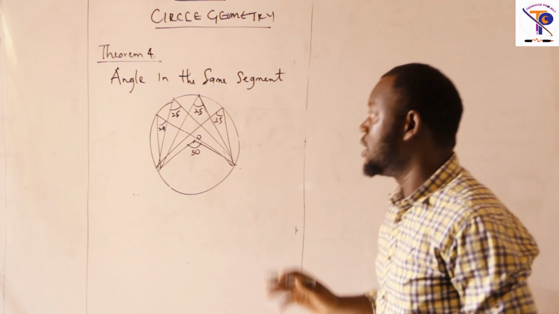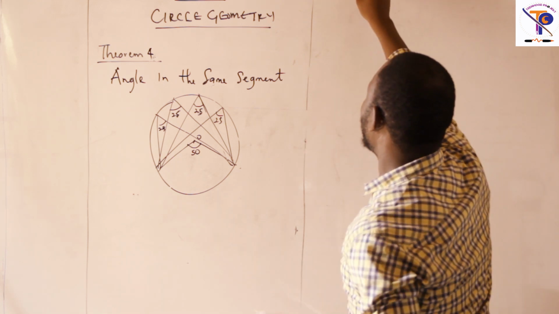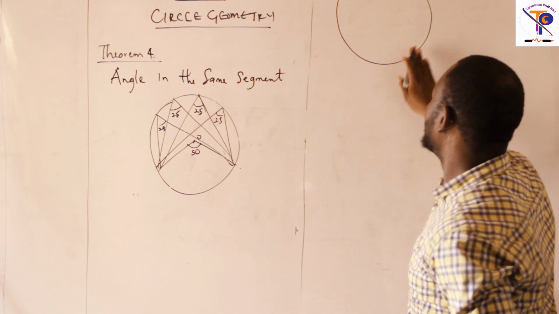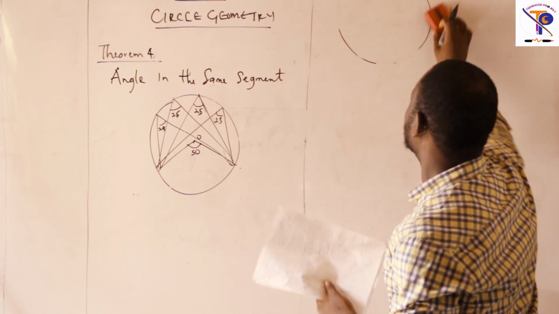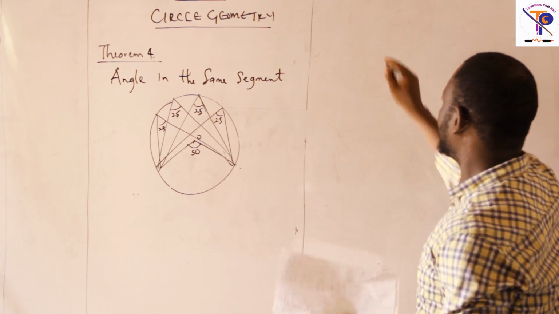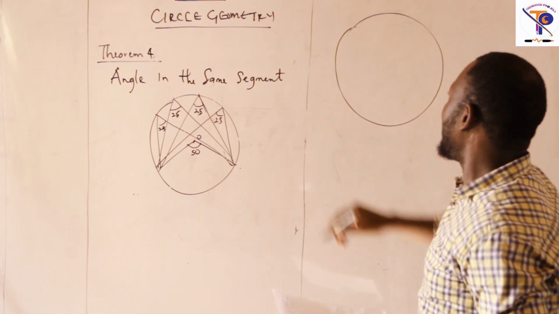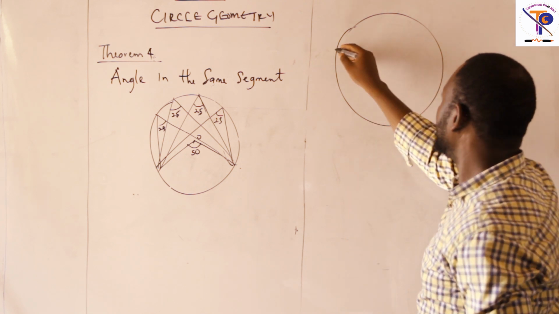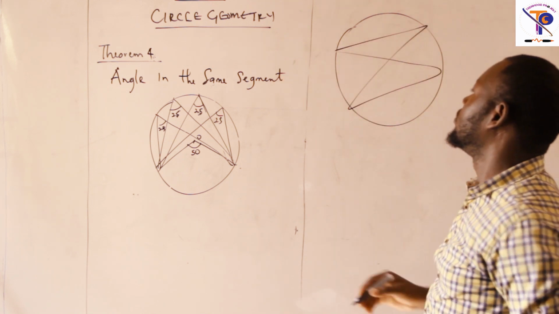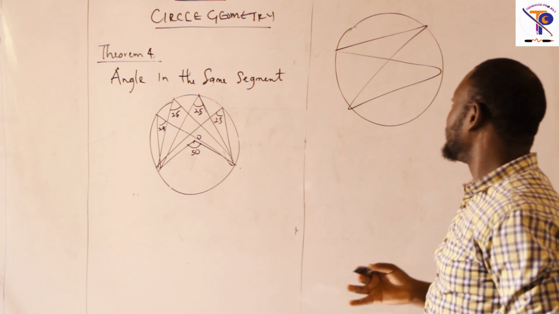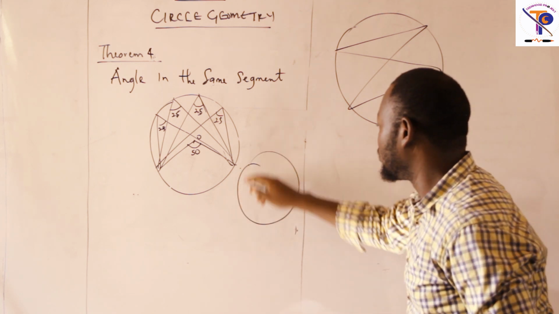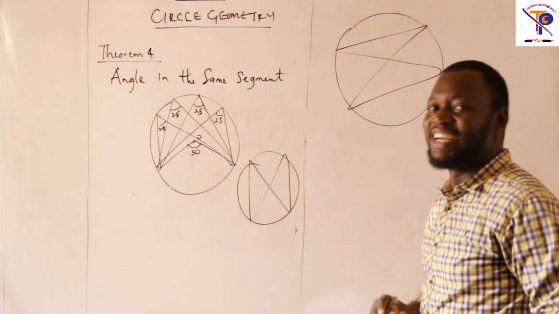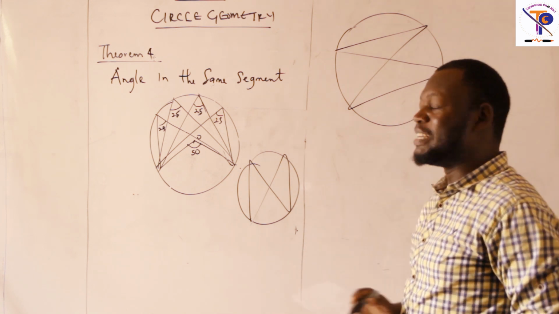How does this work? Follow me please. If I have a circle, let me bring it down a little bit so that you can see. If I have a circle and I have this symbol in it, any way it is written, it could be this, it could be this way, there is definitely angle in the same segment there.